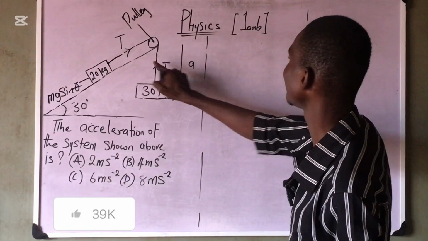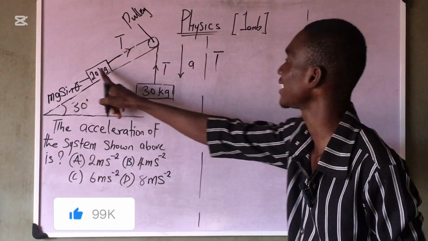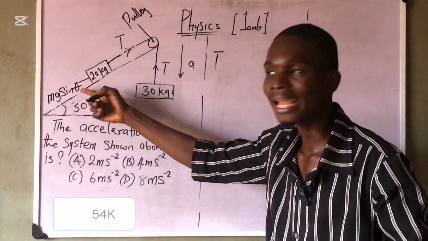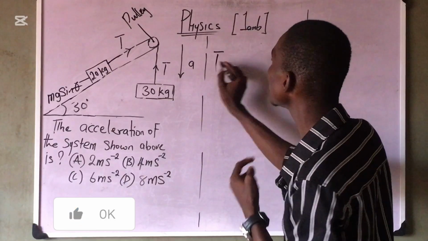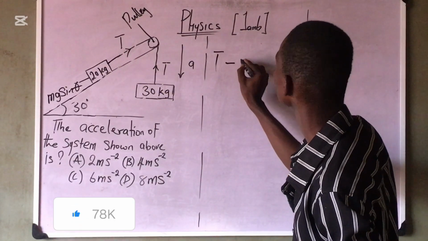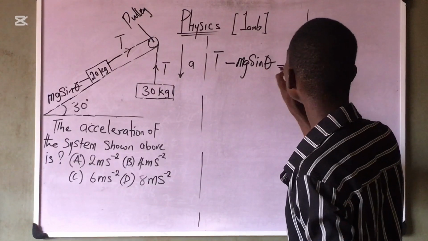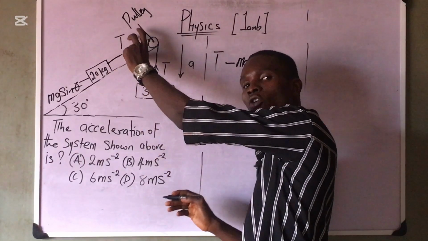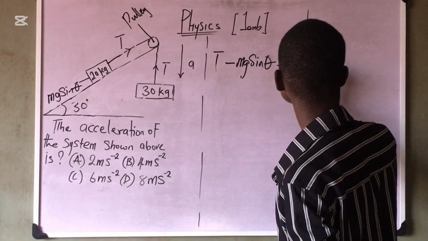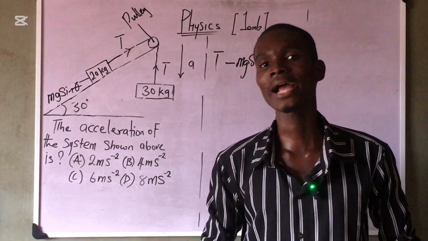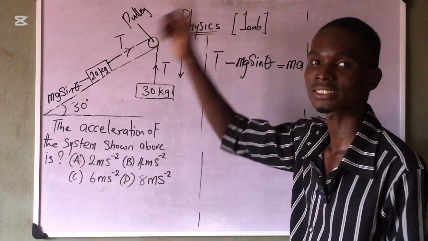That means the tension here must be greater than this one. Then the resultant of the force here, tension minus mg sine theta, will give me the force acting on the plane, mass times acceleration. Why is it acceleration? Because this object is accelerating.